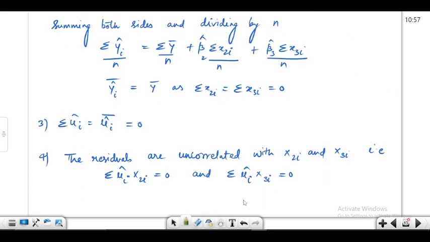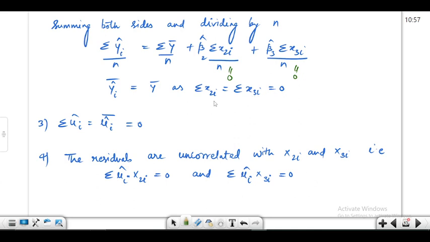If I sum and take the mean, the summation of yi hat upon n is equal to the summation of y bar upon n plus the summation of small x2 upon n plus the summation of small x3 upon n. This is equal to yi hat bar, which will be equal to my y bar, because the mean of a constant is itself, and the other terms will be equal to 0, because the summation of deviations from the mean is equal to 0.